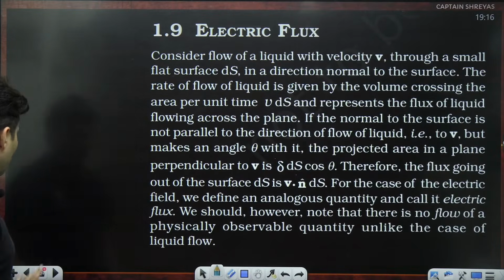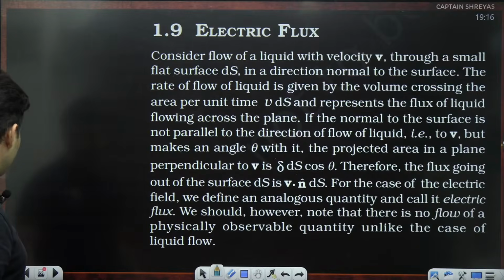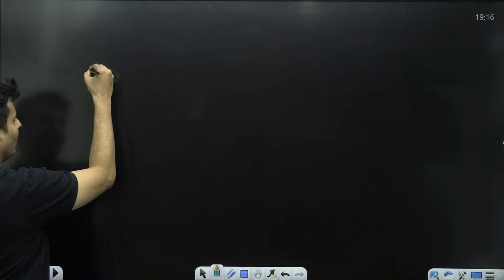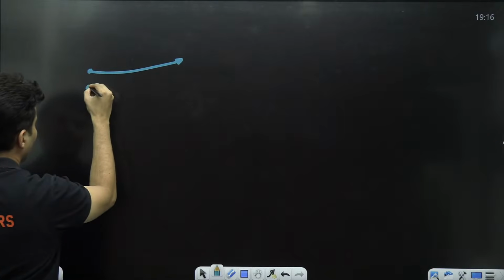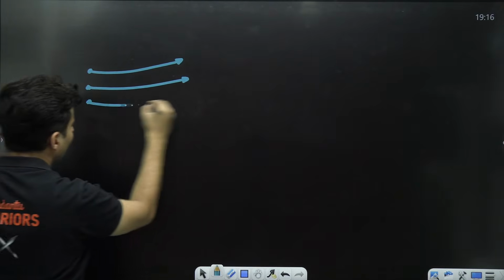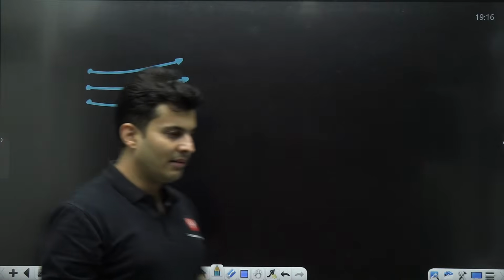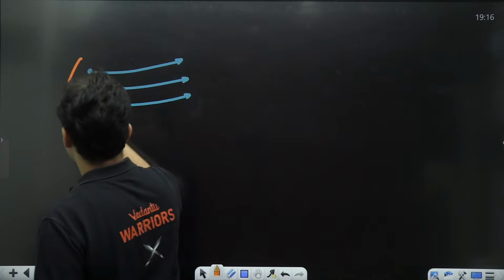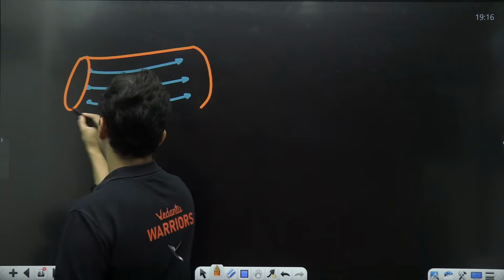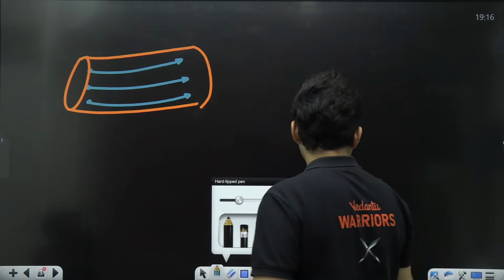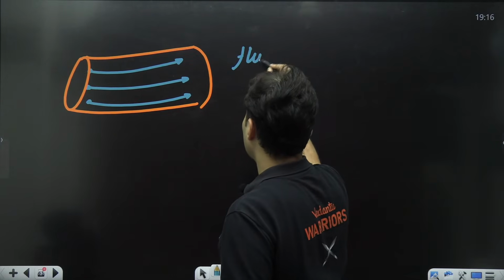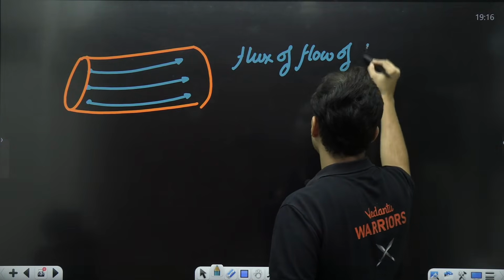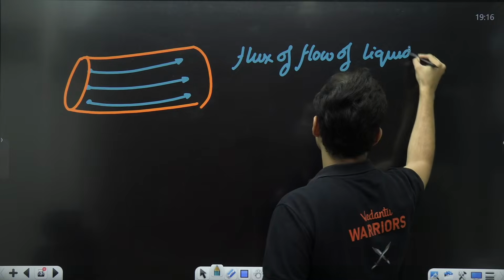Okay. So then they compare it with electric flux. See, in fluid mechanics later on, you will study something called streamline flow, etc. And if you are given a pipe like so, you can find the flux of the flow of that particular liquid.